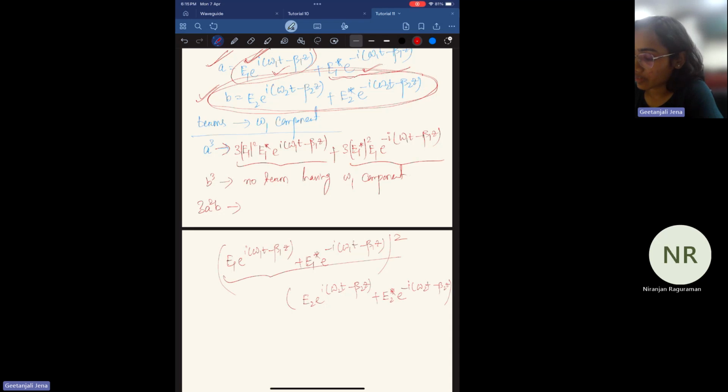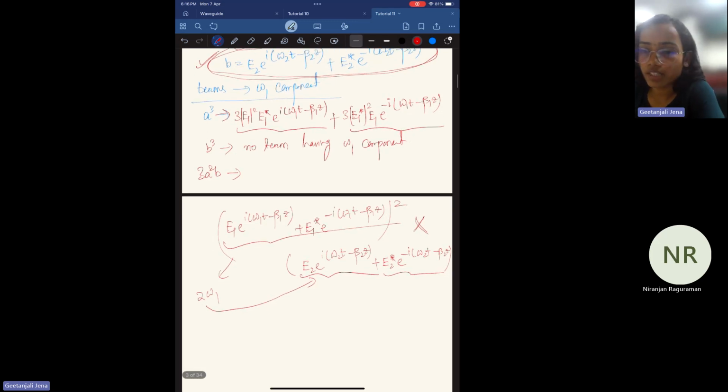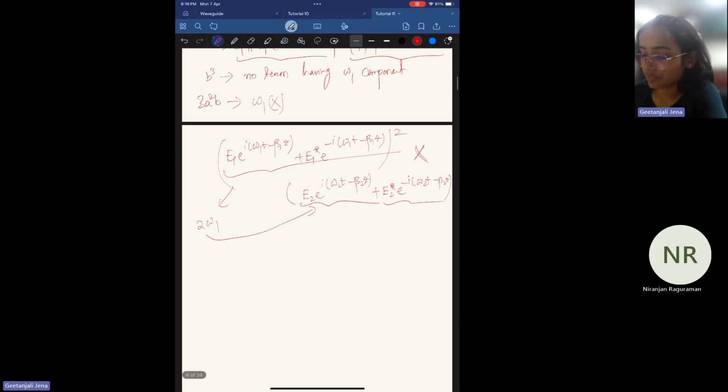In the first part, we'll have 2ω1 terms, but they get multiplied with these terms which have ω2. So this term also doesn't have any ω1 component. So no ω1 component for 3A²B.